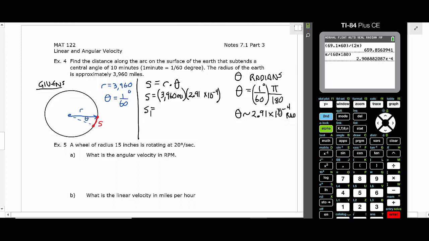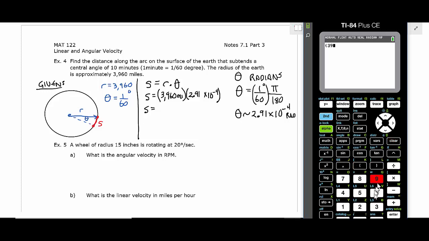Now, if you don't know scientific notation, let me show you how to do that. Usually on the TI calculators, you have this EE key, which puts that in scientific notation. So I'm just going to go 3960, and then in the new parenthesis, I'm going to go 2.91, and then EE, and then negative 4. So that's a real small number.